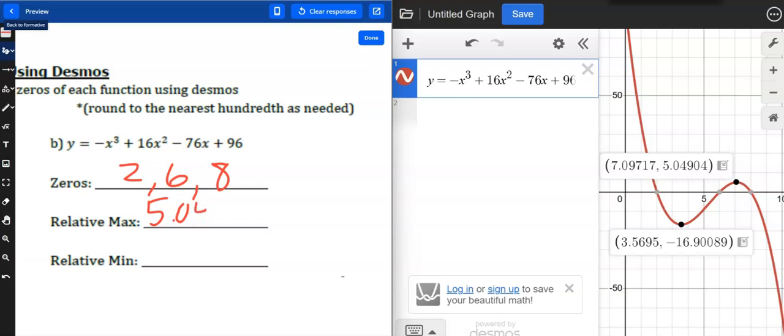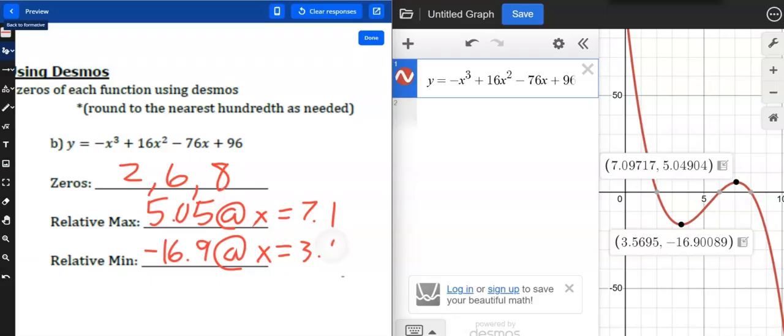Oh, no, 5.05. Can't round correctly. At x equals 7. It's going to be 7.1. And then -16.9 at x equals 3.57.